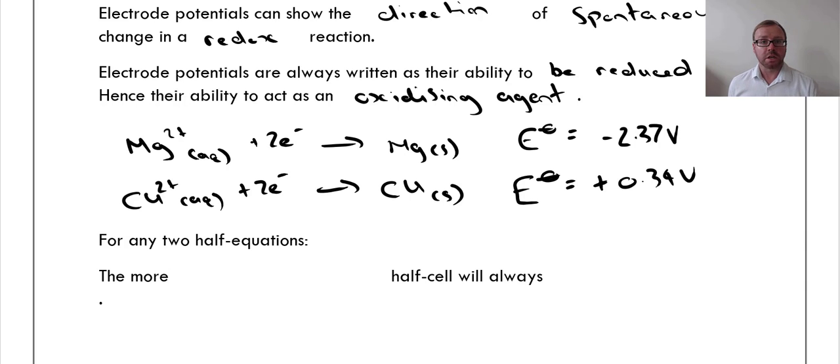Okay, so the thing we have to do when we're trying to work out which way this chemical equation will go: will the magnesium get reduced or will the copper get reduced?